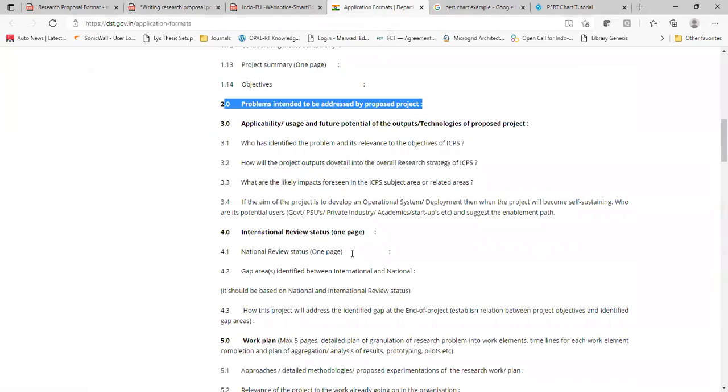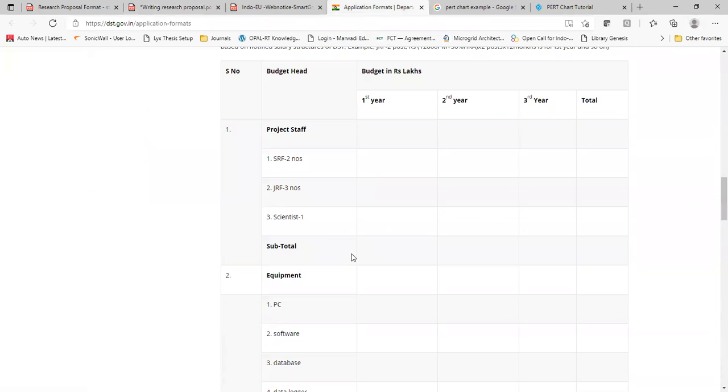Now, let me tell you what you mean by salaries. Salaries means for a project, we hire a senior research fellow. SRF stands for senior research fellow, and JRF stands for junior research fellow.